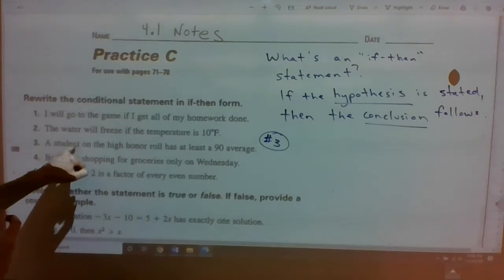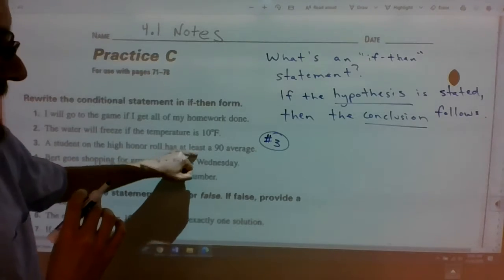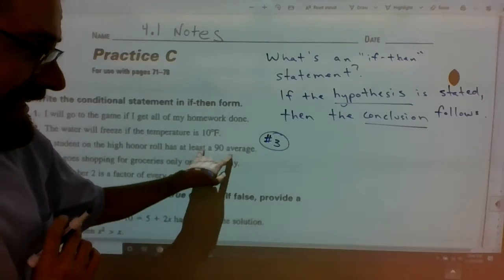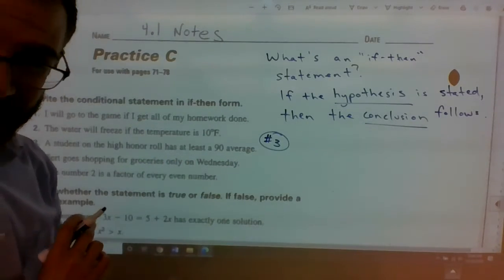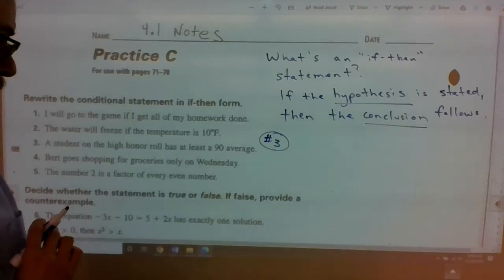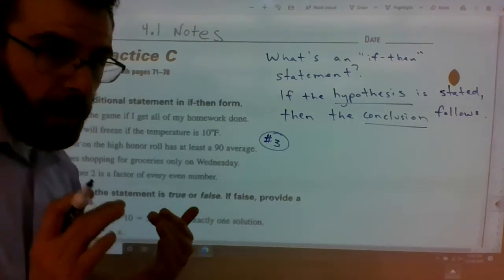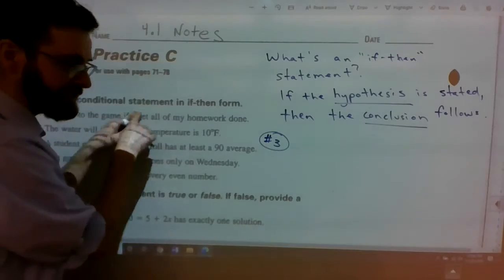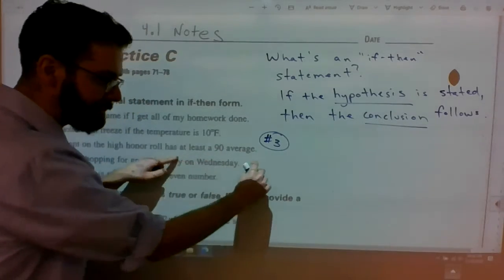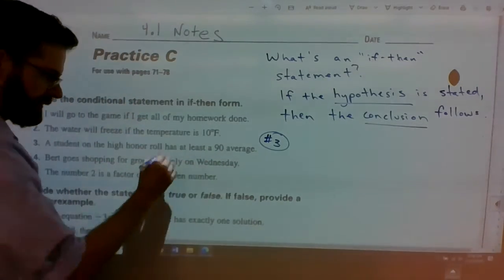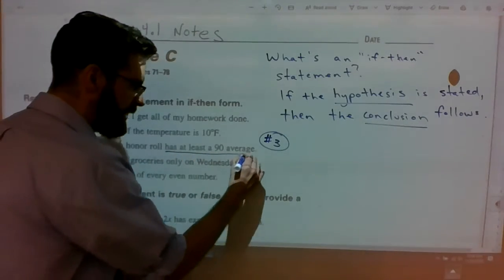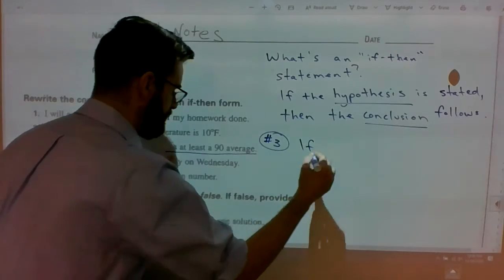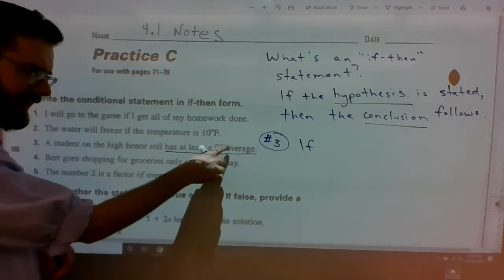So, a student on the high honor roll has at least a 90 average. Is the if that the student has at least a 90 average, or is the if that the student is on a high honor roll? Well, last time I checked, the honor roll is affected by your overall average. So right here, this is my hypothesis. If, who has at least a 90?